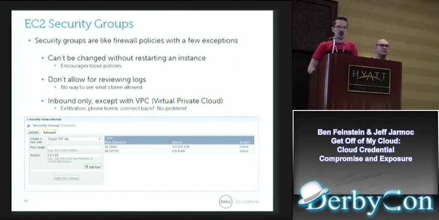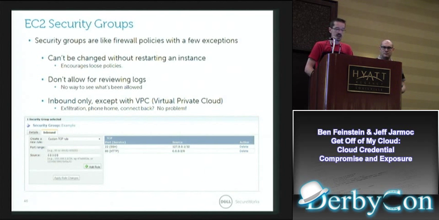There's no way to review logs to see what's been blocked, what's been allowed. So that's a problem. I think a lot of the value of firewalls and filtering policies comes from the logging that they give you, as much or more than from the blocking and allowing. And the big thing here is these are only inbound. You can't set up filters for outbound traffic unless you're on Amazon's virtual private cloud.